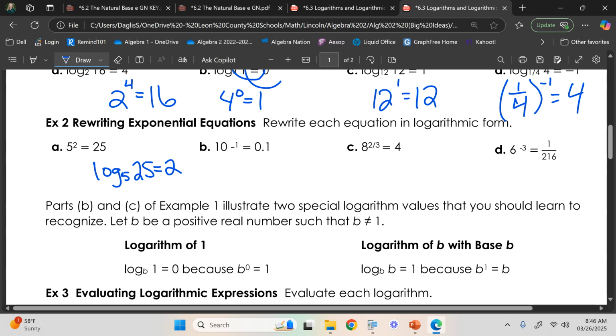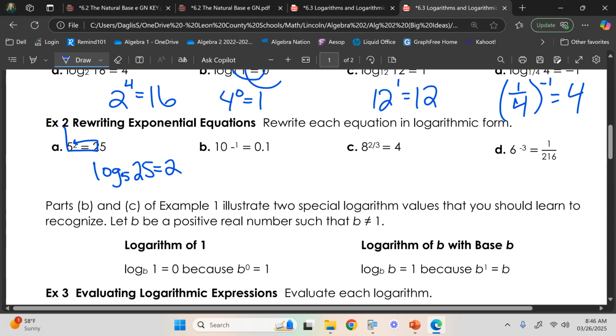And with these, you can draw an L. If you want a log, draw a capital L, going straight down. So base 5 of 25 equals 2. It's a weird looking L, but you get the L shape.